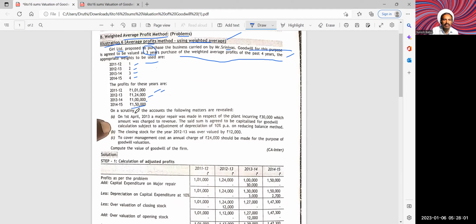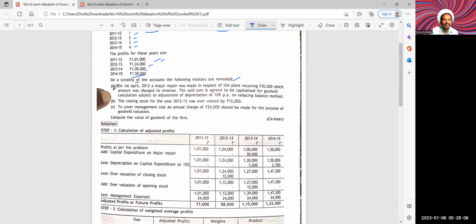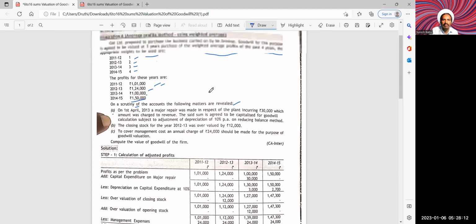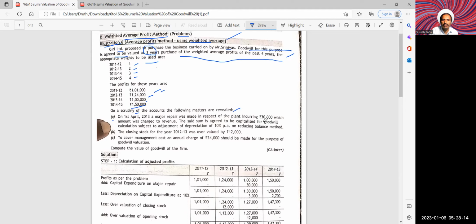On scrutiny of the accounts, the following matters were revealed. First one, on 1st April 2013, a major repair was made in respect of the plant, incurring 30,000 rupees, which amount was charged to revenue. This is a mistake which has occurred.